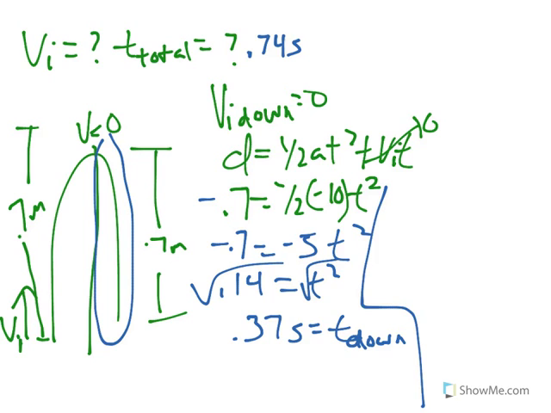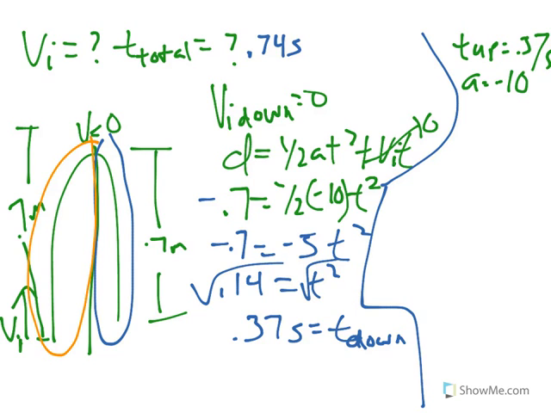So what we're going to do next is we have the time it takes to go up. Time up would be 0.37 seconds. Acceleration is equal to negative 10. Now we're going to look at this other side of the problem, and say that initial velocity is unknown, but the final velocity at the top is equal to 0.